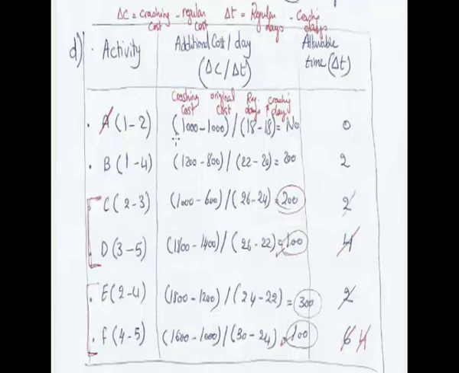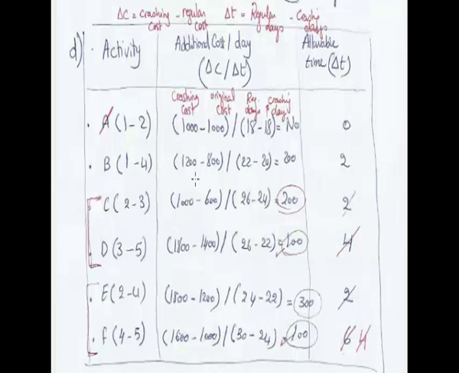So you can see that for activity A, we have deducted the crashing cost minus the original cost or the regular cost. In this activity, by coincidence, it is the same. So you can just say that it equals 0 and that we are not going to use it. And the change in the timing equals 18 minus 18. So we're not going to depend upon activity A in the next requirements, but you have to solve it.